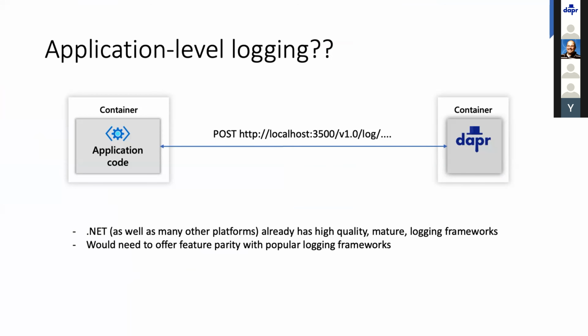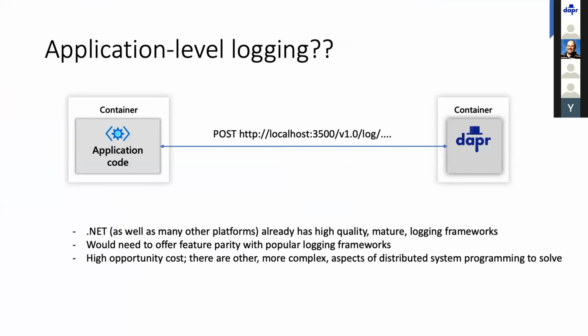So any Dapr building block would need to offer at least some feature parity with those logging frameworks. And that means that there will be quite large opportunity cost. And we actually think that there are other more complex aspects of distributed systems programming that are much more interesting for Dapr to solve than to focus on the simple application logging.